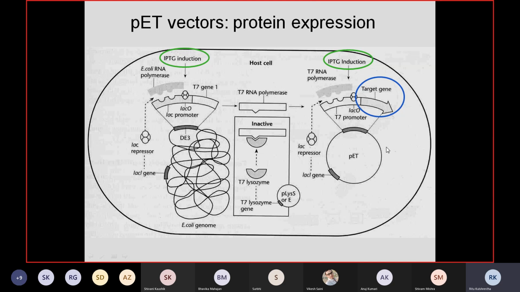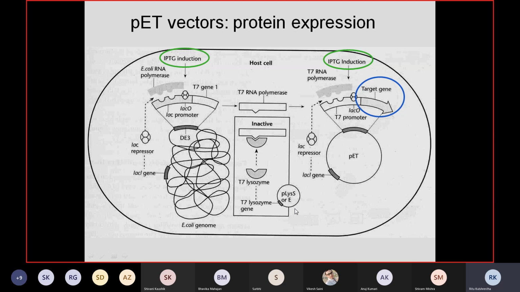Now in those scenarios in which the target gene is a little toxic to the cell, what they have done is use a bacterial host strain in which, apart from this pET vector that you add from outside and this T7 gene which is already present in the host strain, they also put a small plasmid called pLysS plasmid.